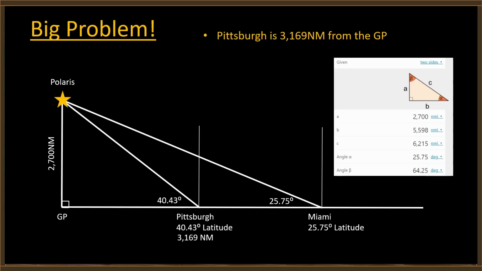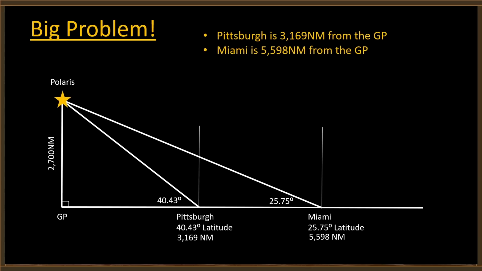Now let's put in Miami at a latitude of 25.75 degrees. Pull up the triangle calculator again. 2,700 nautical mile altitude for Polaris, 25.75 degrees latitude. The distance from Miami to the GP is 5,598 nautical miles.